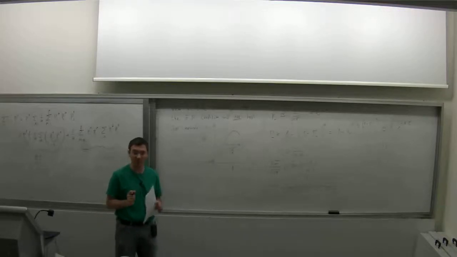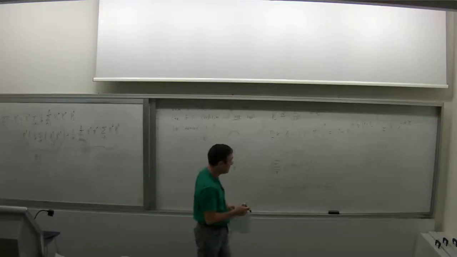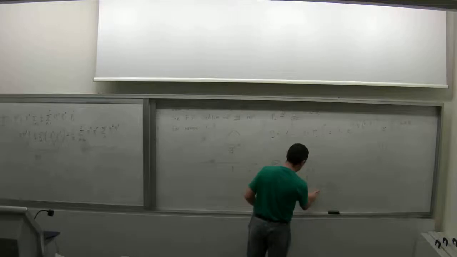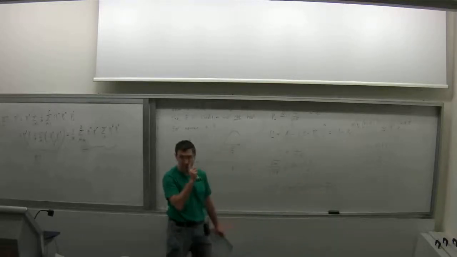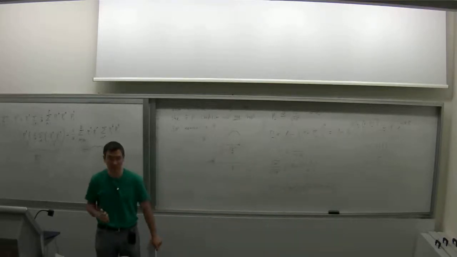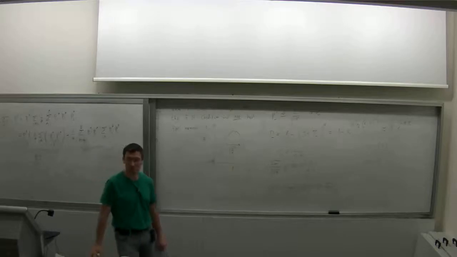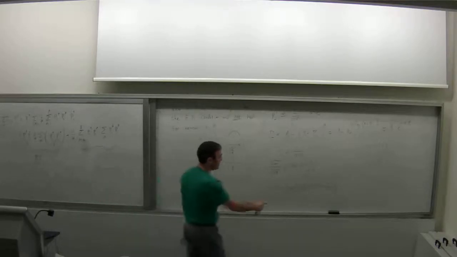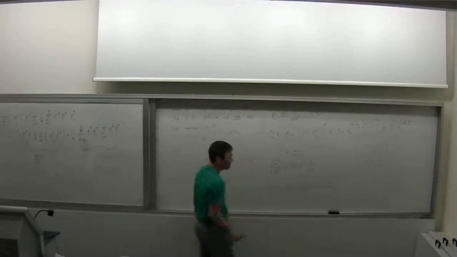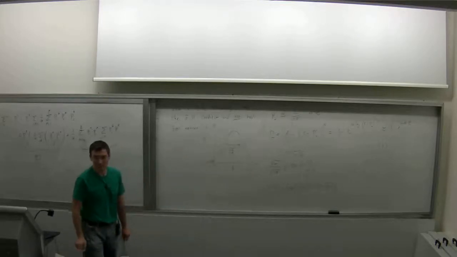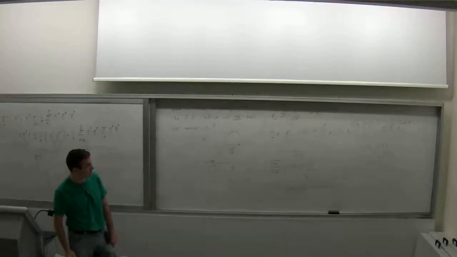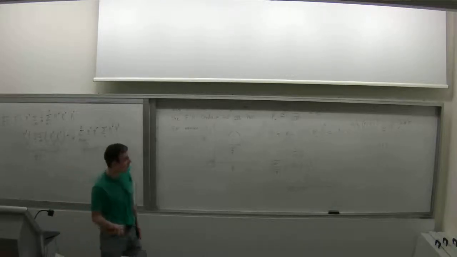First, I'm going to argue that these 2 terms are negligible. We can throw them away. We don't care much about them. Why is it true? Both of them are order 1.